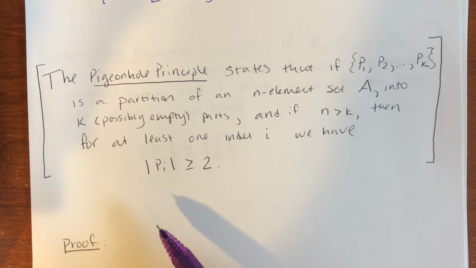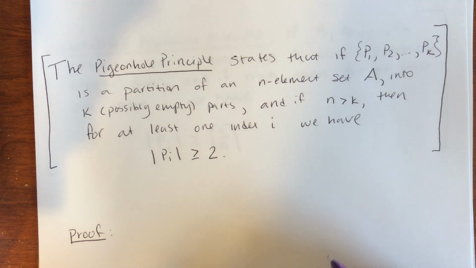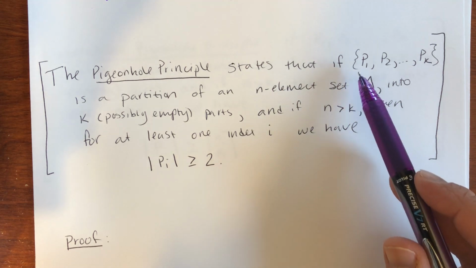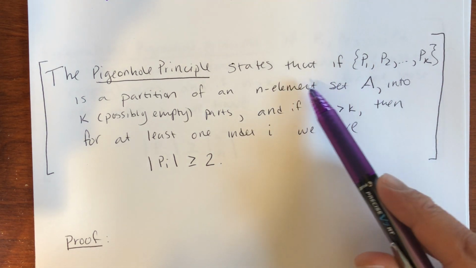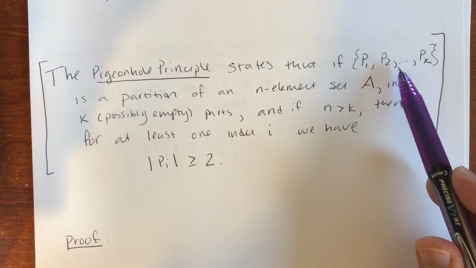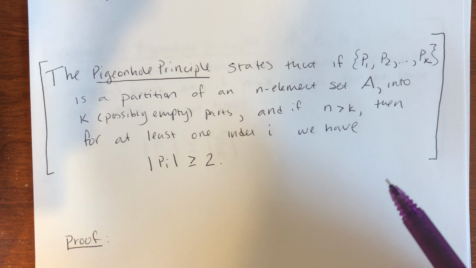So what this is saying in terms of pigeons is if you're dividing n many pigeons between these k different pigeonholes, and you have more pigeons than you have pigeonholes, then one of your holes is going to have at least 2 pigeons in it.